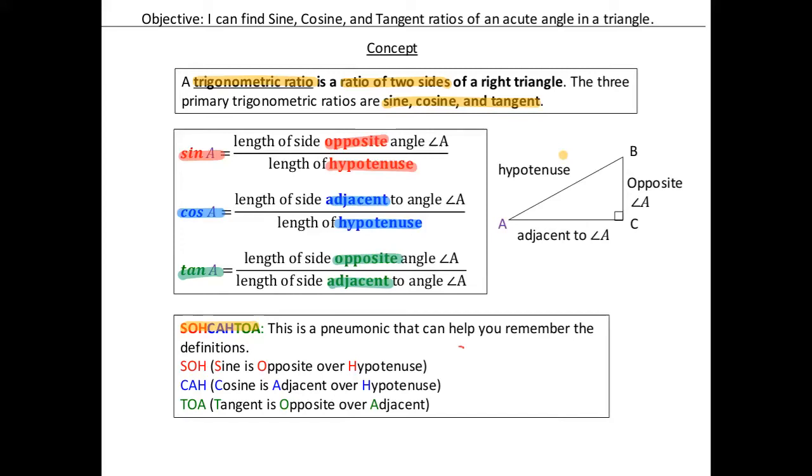I like to write them as fractions. CAH: cosine is adjacent over hypotenuse. And TOA: tangent is opposite over the adjacent side. SOHCAHTOA.